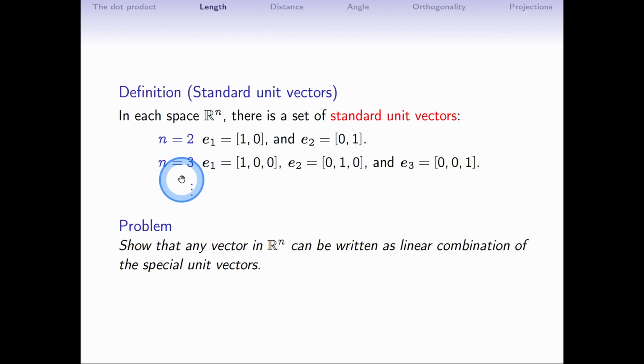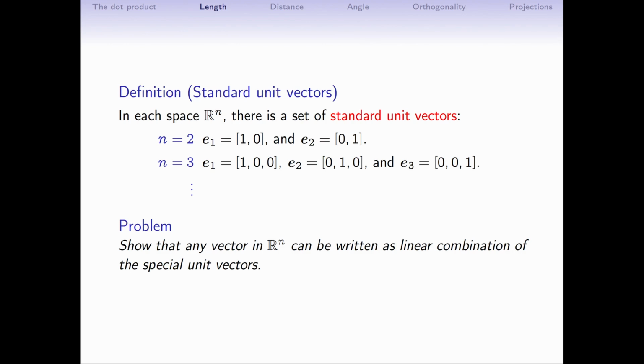Now this pattern persists. So for example, when n equals 4, there are going to be 4 standard unit vectors, and E3, for example, will have a 1 in component 3, and zeros everywhere else. So the important thing to take away from this is that no matter which dimensional space you're in, there's going to be a set of standard unit vectors.